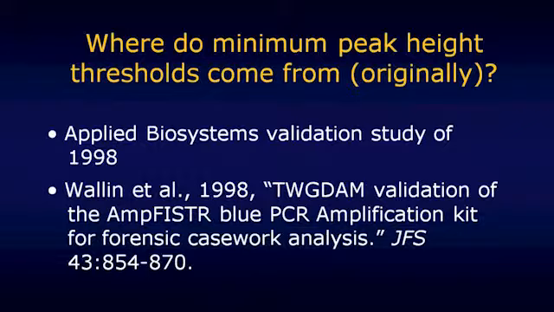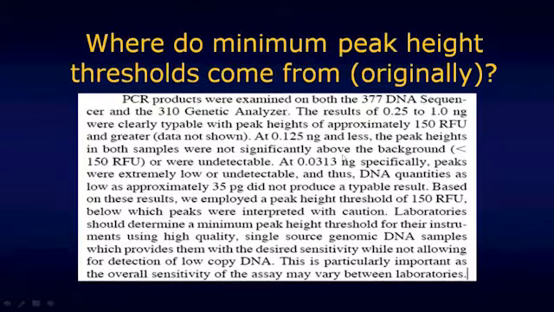The manufacturer of those test kits is Applied Biosystems. They did a validation study in 1988 that was published in the Journal of Forensic Sciences. You can read that validation study in all its glory by following this particular reference. But let me draw your attention to one particular paragraph that is, more than anything else, where the idea of a minimum peak height threshold comes from.